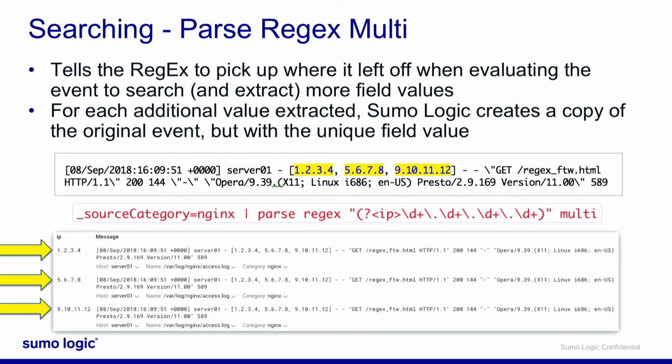By default, if I don't have multi, it's just going to stop at the first one, 1, 2, 3, 4. But if I say multi, it's going to extract the first one and then continue where it left off. It's essentially going to duplicate the field, but with a new value in there. So you now have an event with 1 through 12, so there are 3 distinct IP addresses that match.